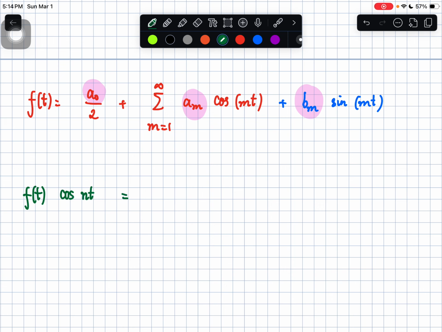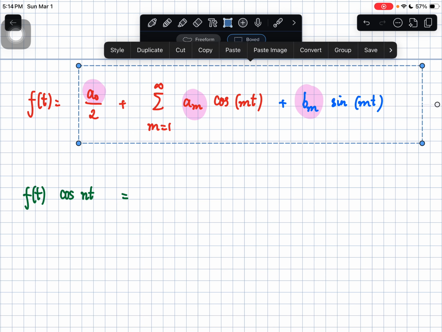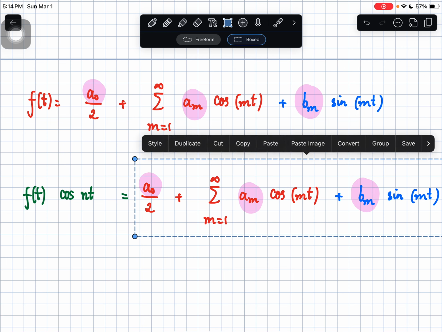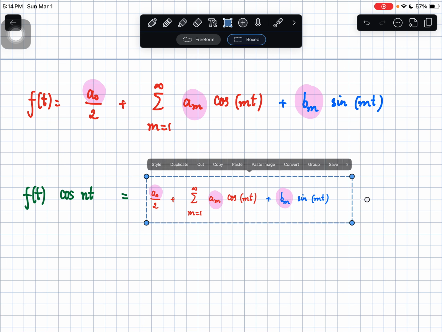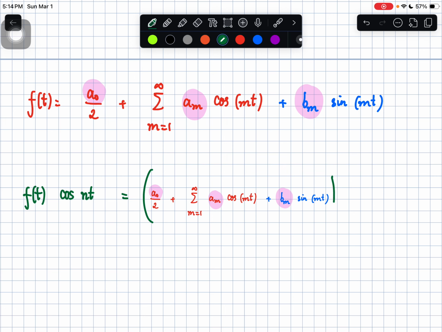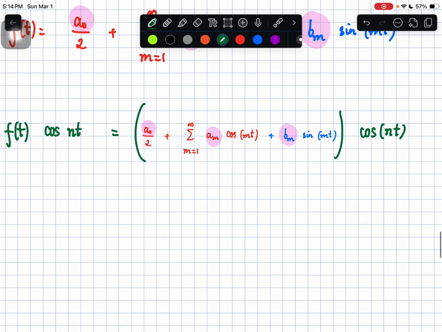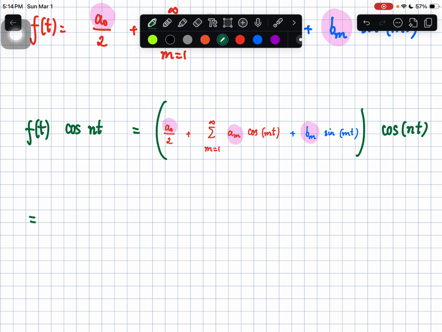So the right hand side multiplies cosine nt. This one gives us a0 over 2 cosine nt.